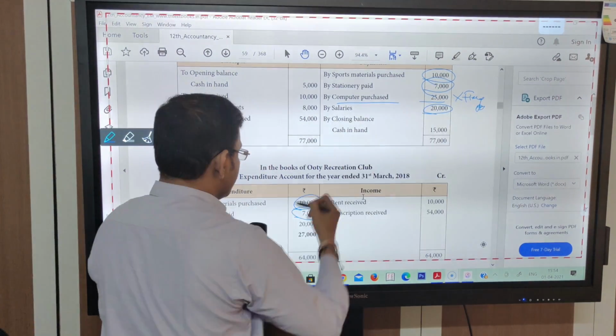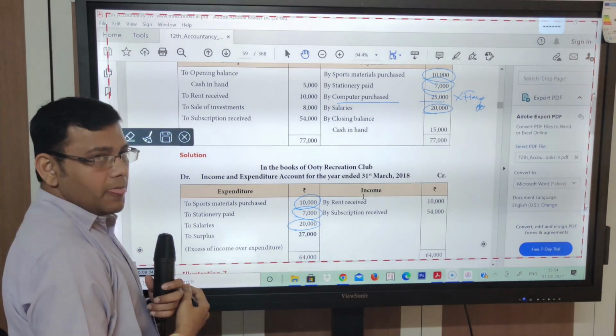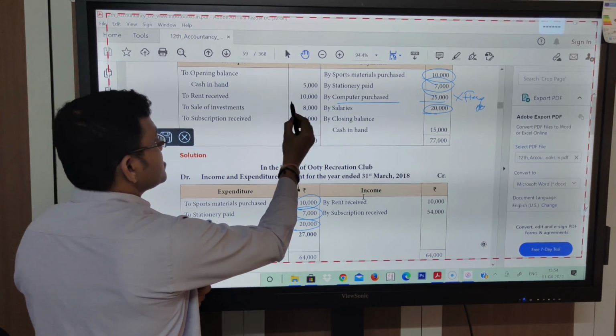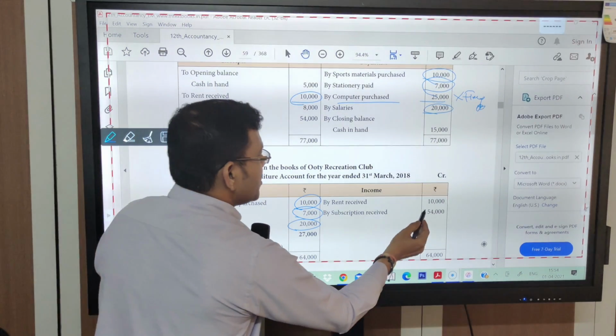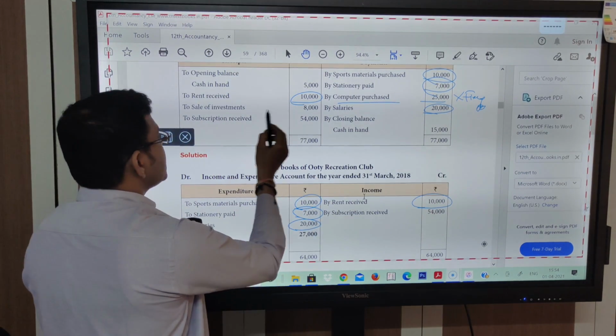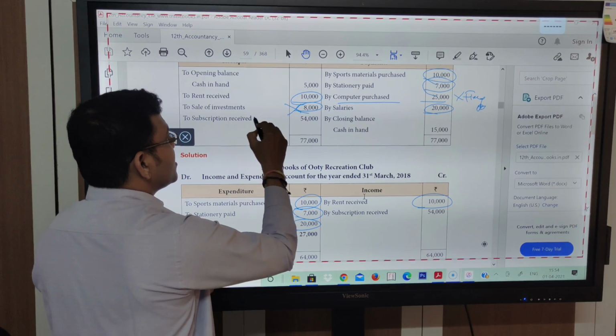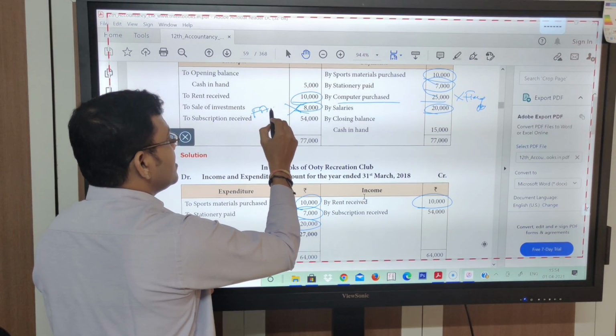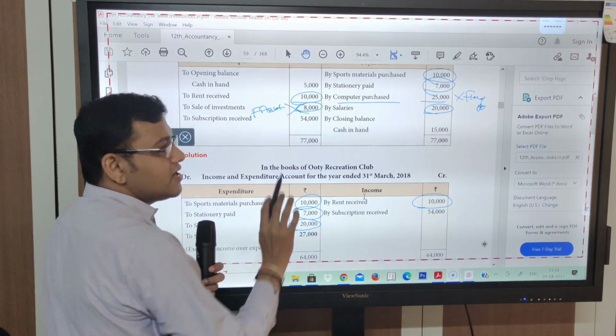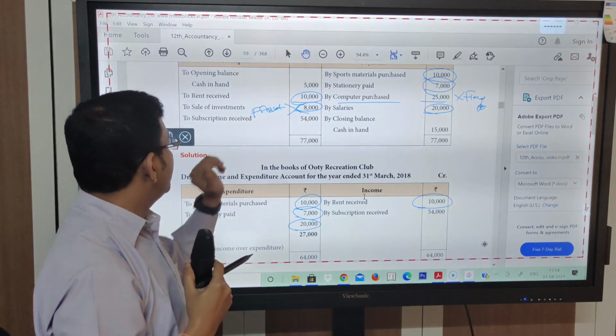Salary is a revenue expenditure that we have taken over here. Same way, rent received is a revenue receipt, so we have taken it over here. And sale of investment is not going to be taken because it is an asset, it's a capital item.